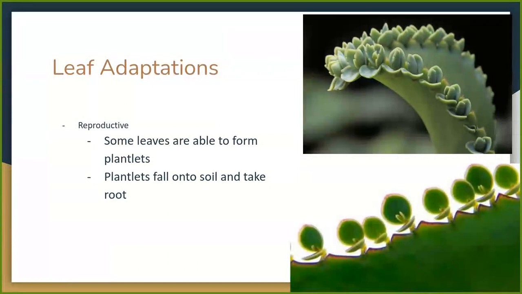Reproductive leaves, right? They feature adventitious growth, right? If you think about it, what we said before, adventitious is just growing on a different location. So these plantlets kind of grow on the leaf, right? So that's an example of adventitious growth.